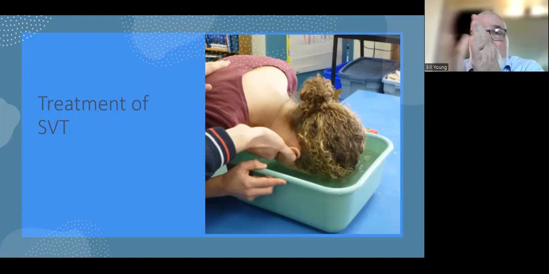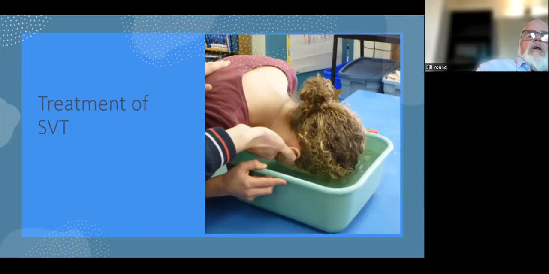When you're dealing with really young children, they may not understand the concept of blowing through a straw, an O2 line, or a plunger. They're definitely not going to be able to understand the concept, especially for infants, of bearing down against a closed glottis. So in this situation, we would put their face down into ice cold water.